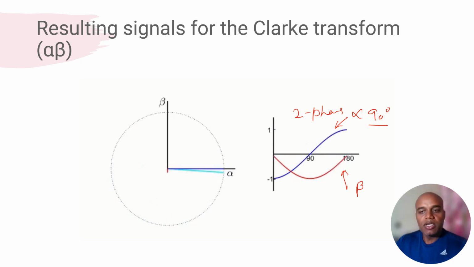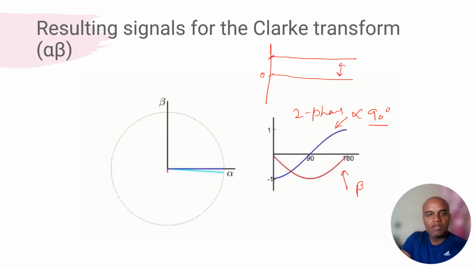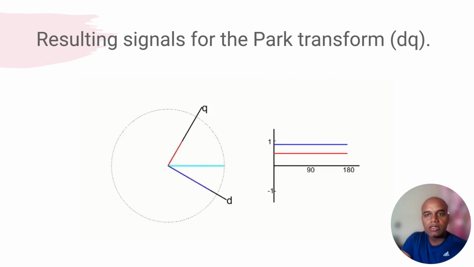To convert this stationary frame into something like DC, instead of this value, if I can have some stationary value with respect to my reference line, a DC value like this, it is easy to control by my PI controller. This is done with the help of my Park's transformation, also known as the DQ transformation.